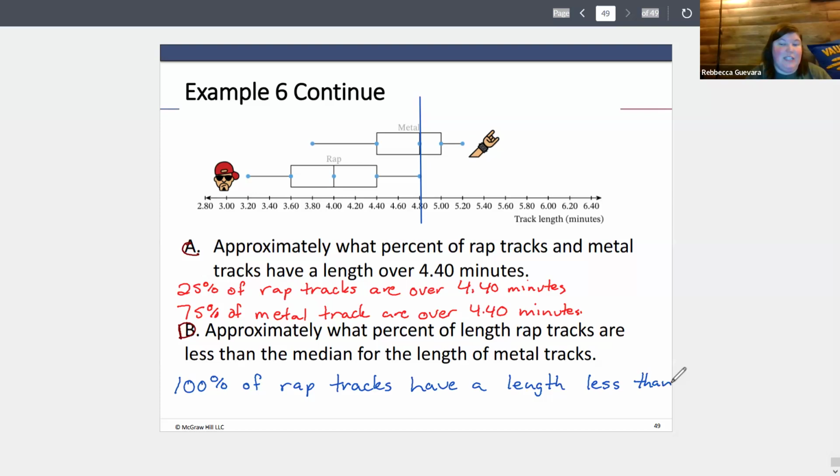So 100% of rap tracks have a length less than the median length of metal.